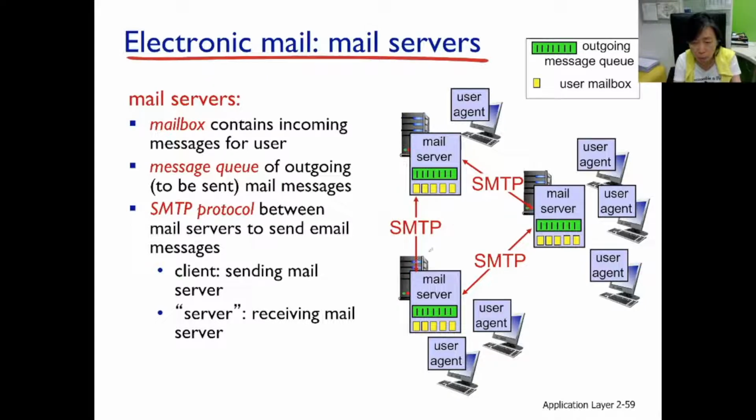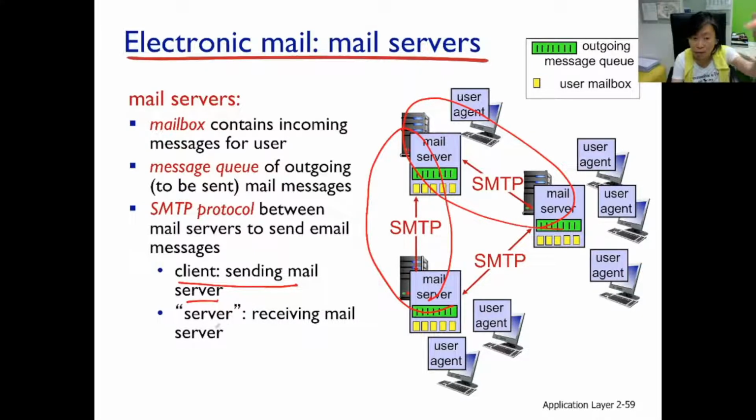If you think about it more, there are two levels of communication in the email application. One is between the end users and the local mail server, fetching email or pushing email out. The other level is among the mail servers. The sending mail server is the client of the higher level communication, and the receiving mail server is the server.